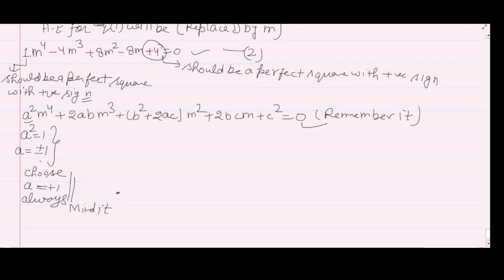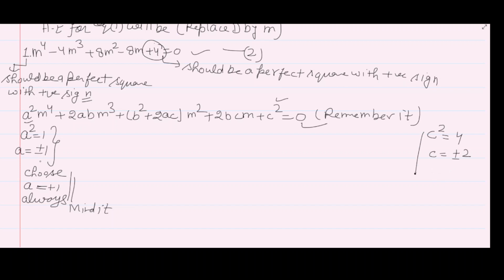Okay, now after doing this step, you have to move towards c^2. The value of c^2 will be equal to 4. Here the value of c will be plus minus 2. Now you have to choose plus 2 or minus 2. We will see further.